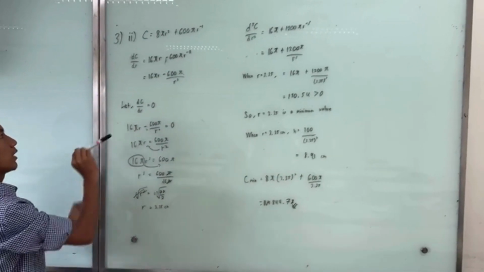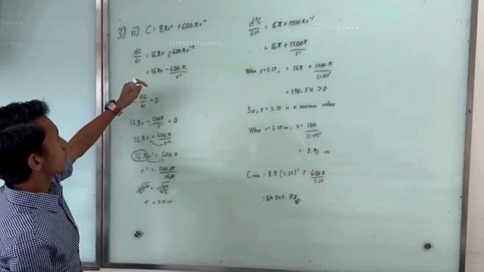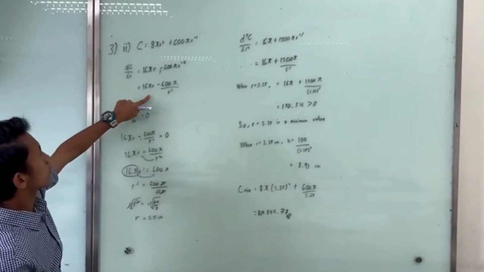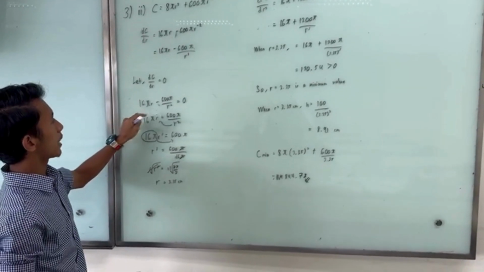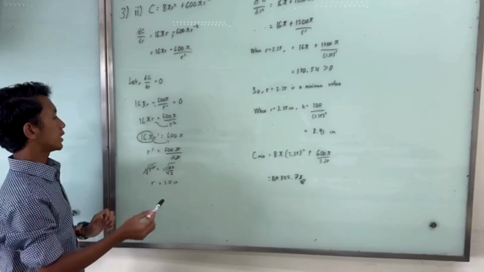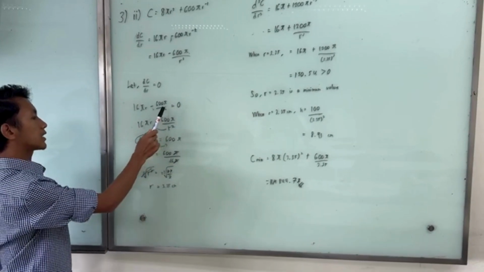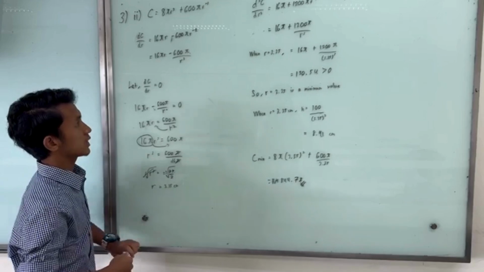Next, we let dC over dr equal 0, so we get 16 pi r minus 600 pi over r squared equals 0. Making r the subject, the final answer is r equals 3.35 cm.